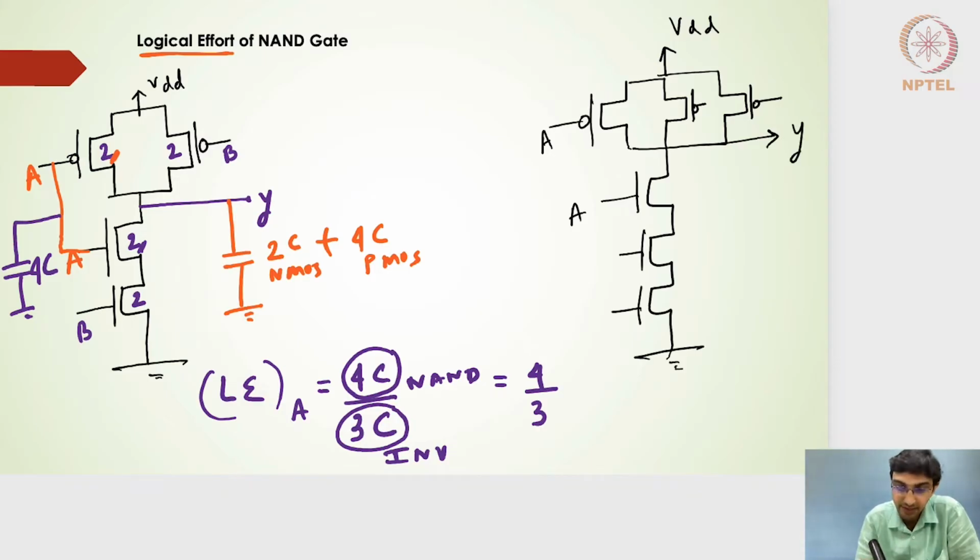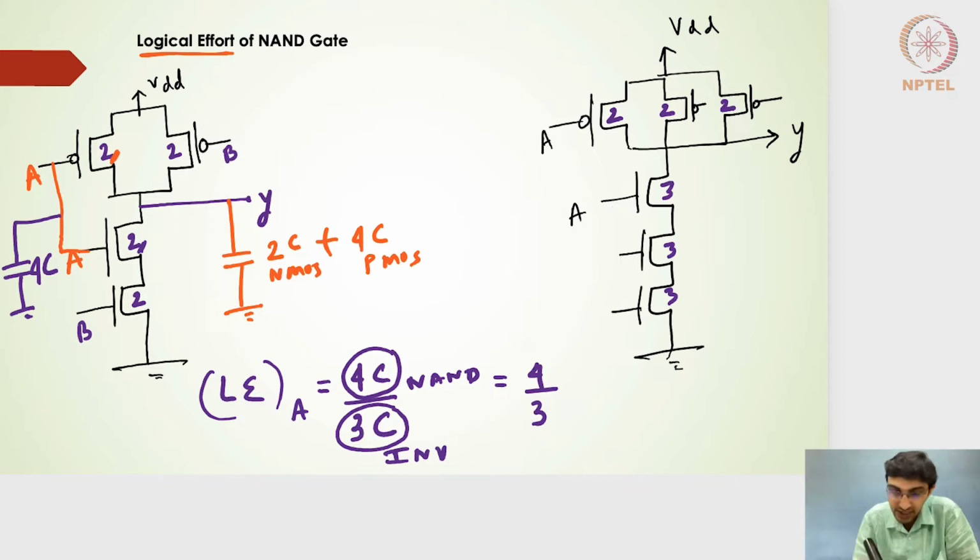And let me put the sizes here. For a 3 input NAND gate, we know that the size should be 3 here, 3 here, 3 here, so that I'll get the falling resistance as R, which is similar to that of the inverter's falling resistance. And the sizes should be 2 here, right?